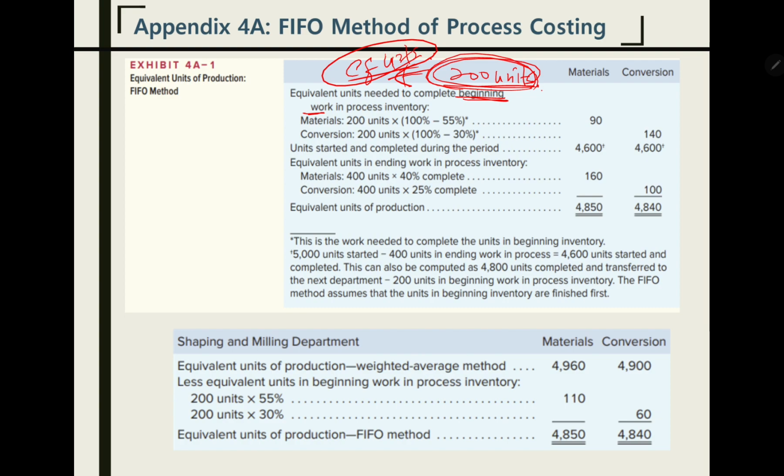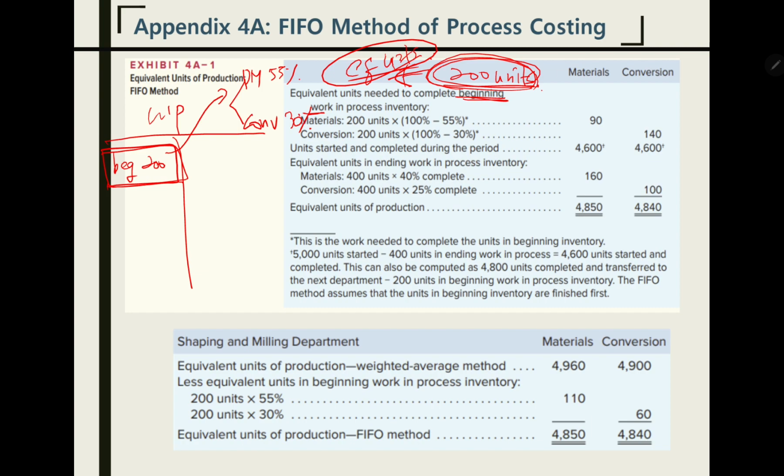So let's draw the work in process. There was a beginning inventory of 200 units, and for the direct material component of these 200 units, the completion rate was how much? 55%. And for the conversion component of this beginning inventory, the completion rate was 30%.